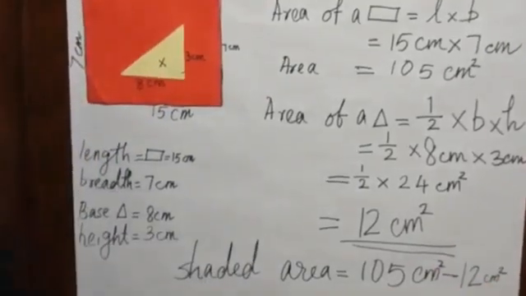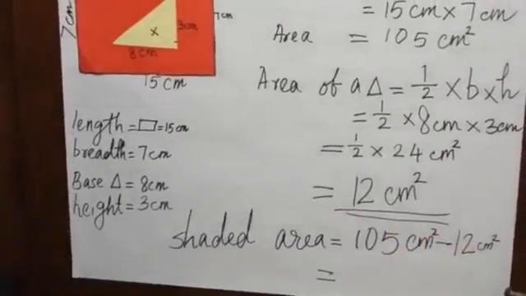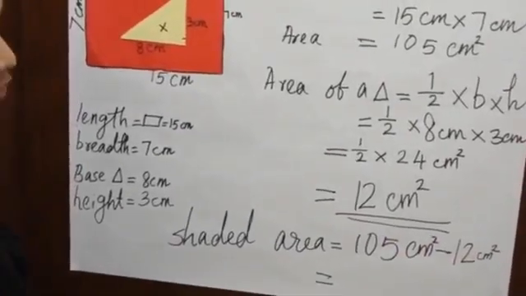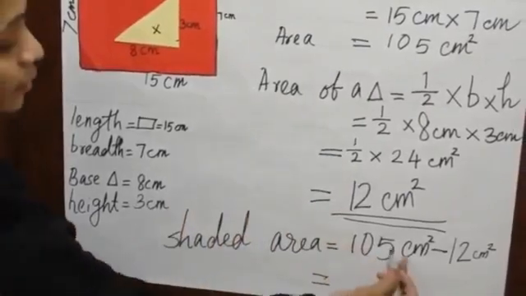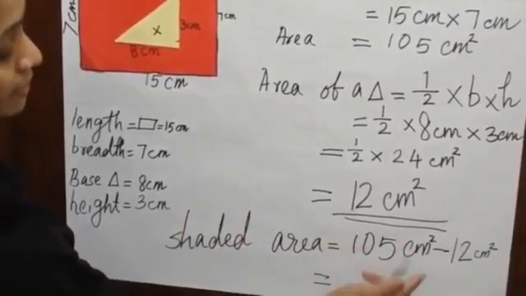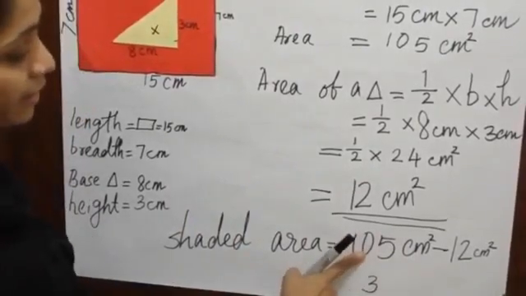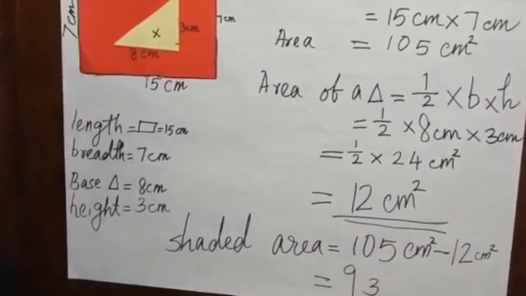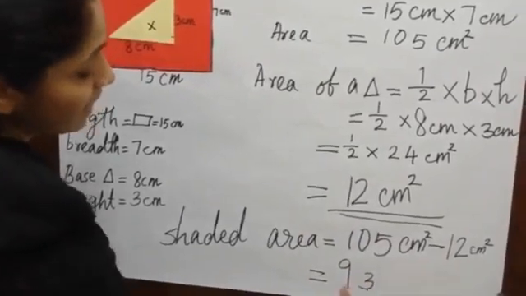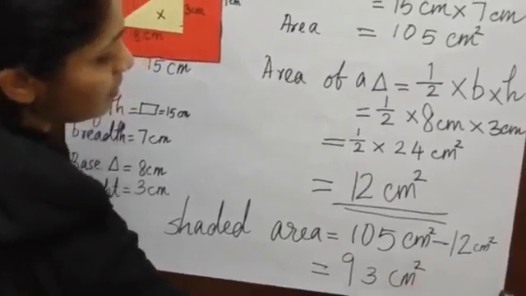Now 105 minus 12. How to subtract this one? Maybe you need the workings, so you can practice like that. Here I am going to do it directly: 5 minus 2 is equal to 3. 10 minus 1 equals 9. So the answer is 93 square centimeter.